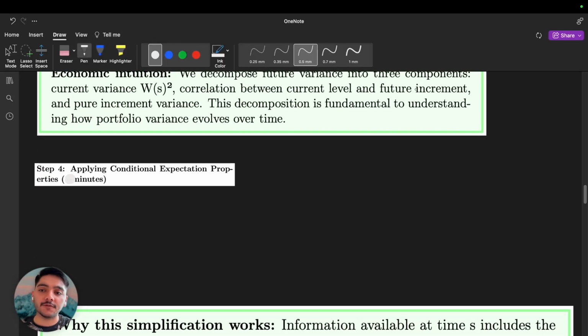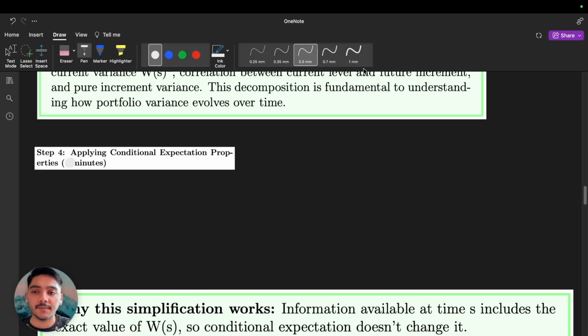So let's jump to step 4, where we'll be applying the conditional expectation properties.